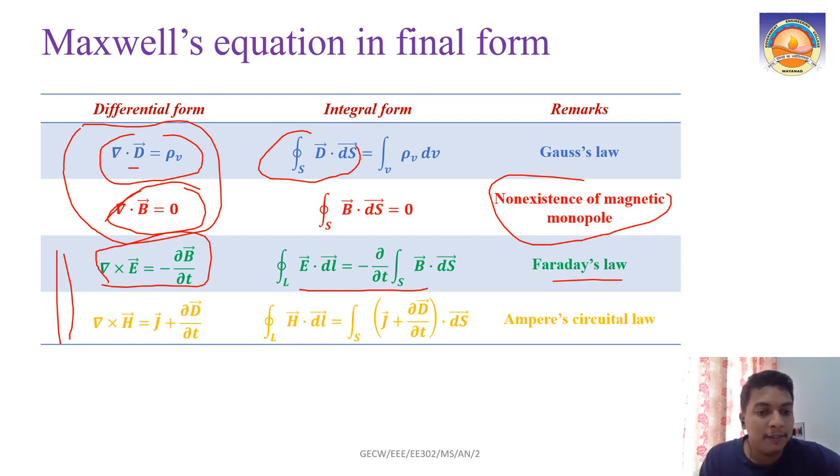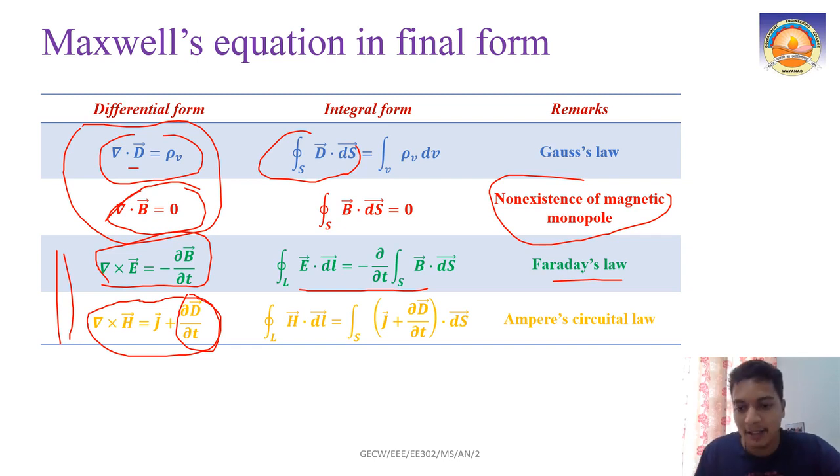Now before this, del cross H was only equal to J in our magnetostatic condition, but we introduced the displacement current in our Ampere's circuital law. This particular displacement current component is the major contribution of Maxwell. When Maxwell was formulating Maxwell's equations, it was quite mathematical.